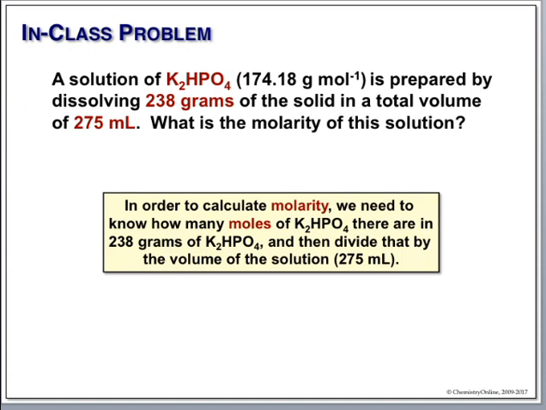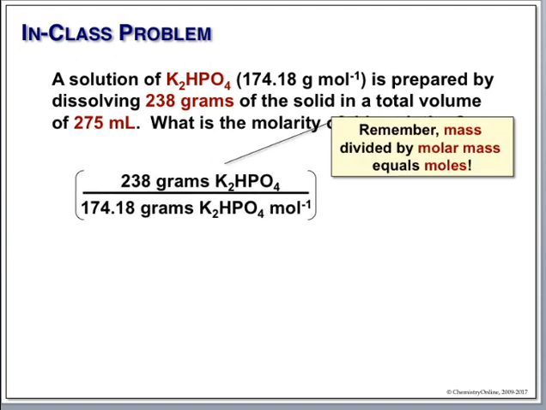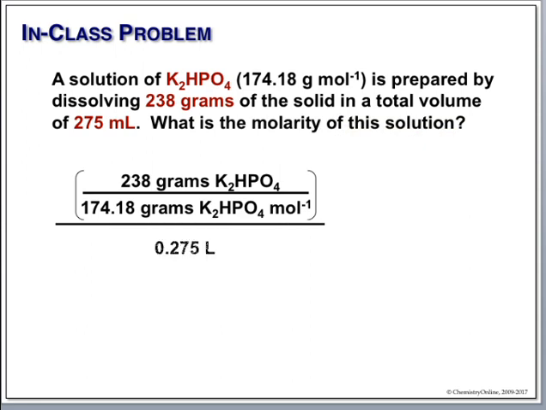Our number of moles, we have a mass and a molar mass. That gives us moles. We have 275 milliliters divided by 1,000. That's 0.275 liters. Our grams cancel. Per mole goes up.